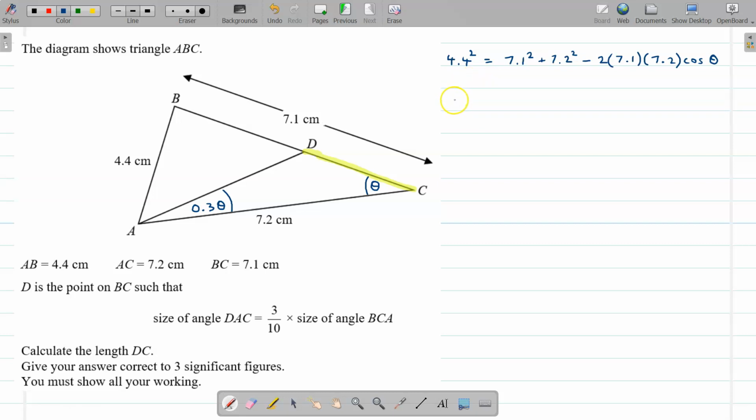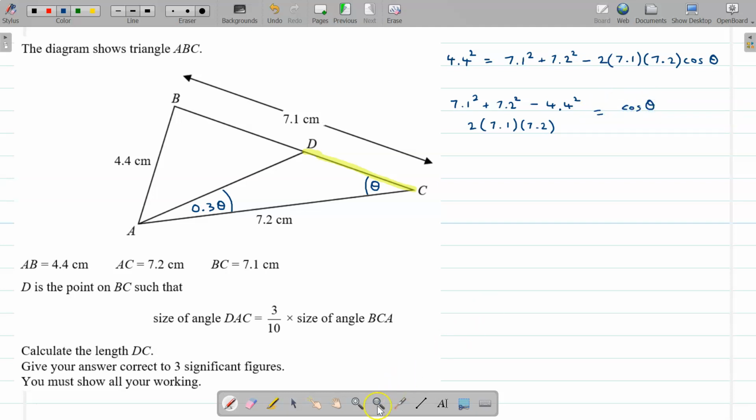You end up with 7.1 squared, plus 7.2 squared, minus 4.4 squared. Now if you divide all that by 2 times 7.1 times 7.2, then that's a rearrangement that will give you the value of cos theta.